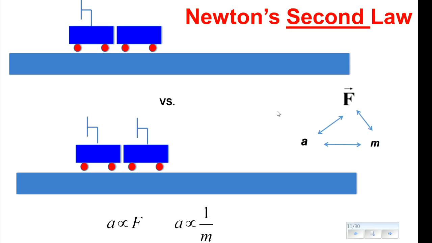Another example, now with additional weight. Of course, in reality, you would need to attach a motion sensor to measure position and velocity as a function of time, and extract information about acceleration.